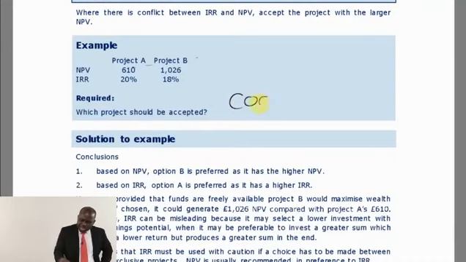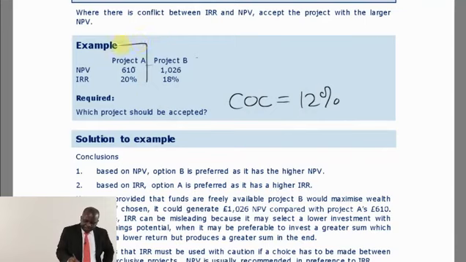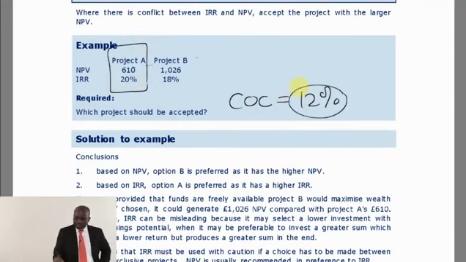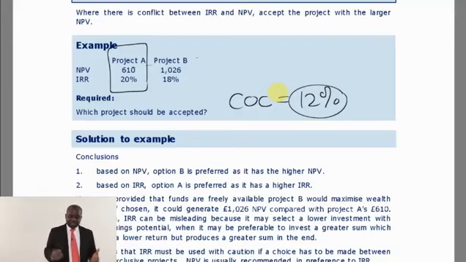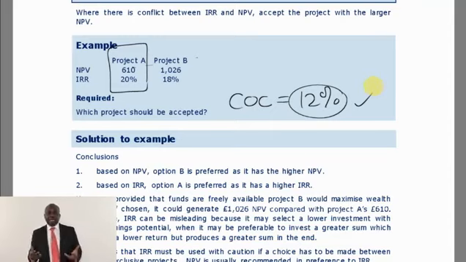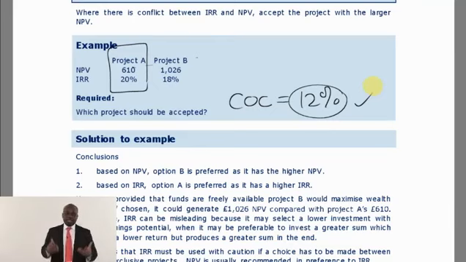Let's assume here that our cost of capital is, say, 12%. When I pick project A, NPV is positive, internal rate of return is greater than cost of capital. Both will say A is good for it to be undertaken. If we look at B, NPV is positive, internal rate of return is greater than the cost of capital. Both will conclude that B is also good.